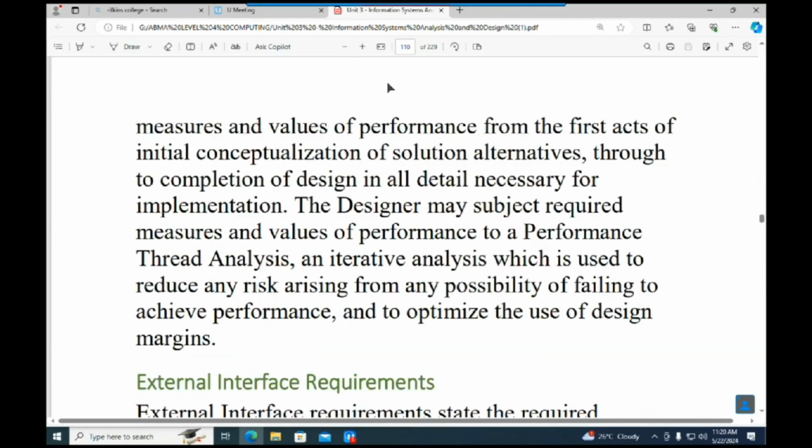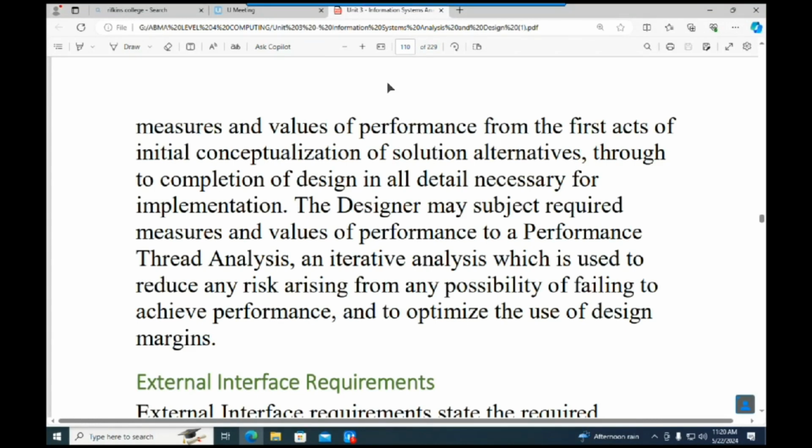So he is going to subject the measures and values of performance that are actually required to the performance requirements as well as to the functional requirements.